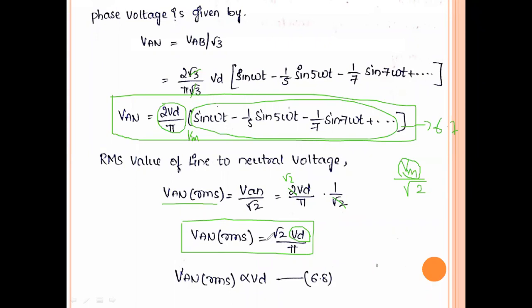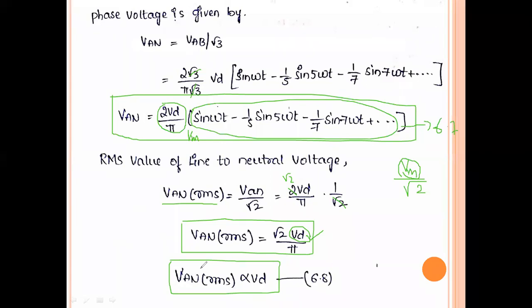So from this equation, root 2 is constant, pi is constant. That means the output RMS value must depend upon the input DC voltage. VAN means phase voltage. The phase voltage is directly proportional to the DC voltage that we are going to apply for the inverter.